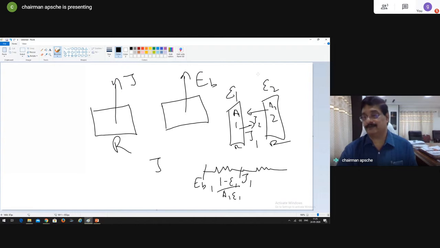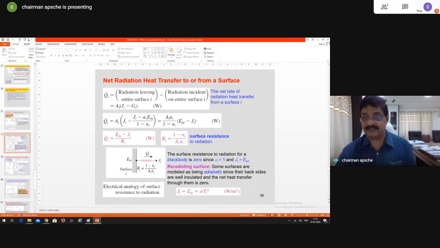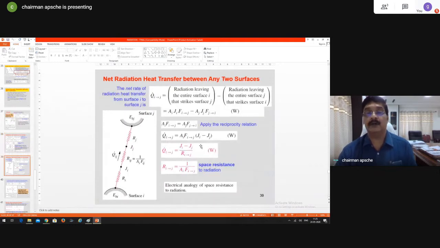So therefore you need to bring in the radiation shape resistance, which I bring in here. J1 is coming from the surface, J2 is coming from the surface, so the entire J1 and J2 are not being absorbed by the surfaces. Some resistance is coming into the picture.